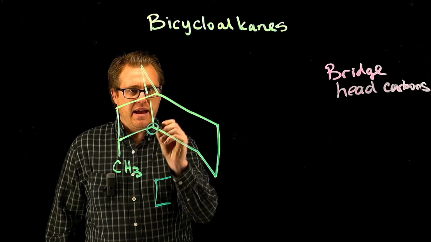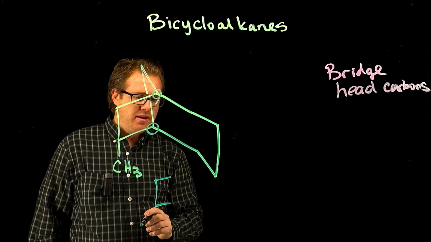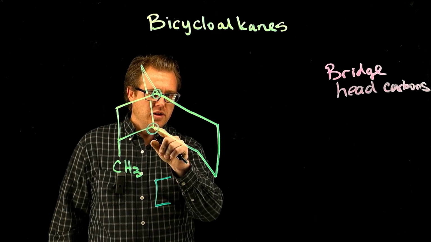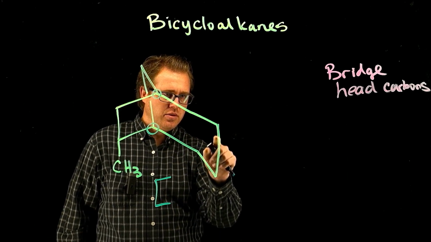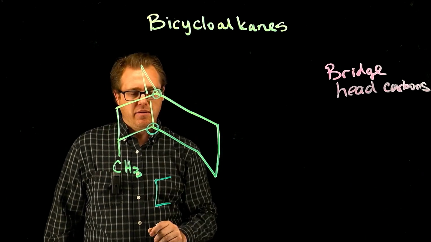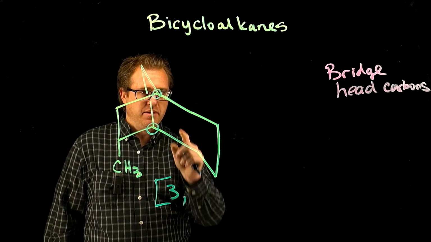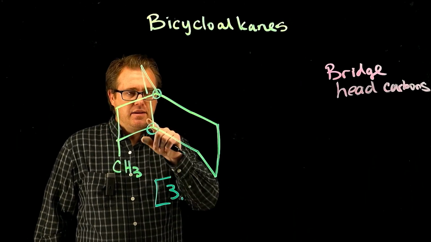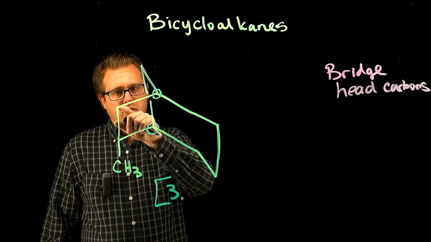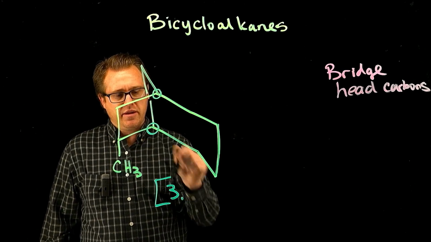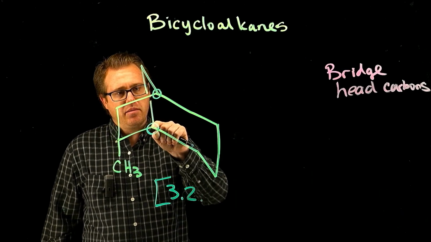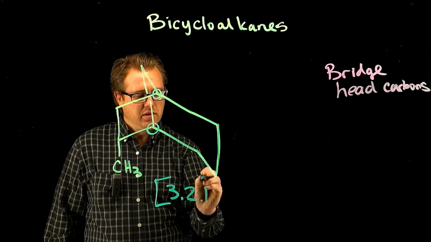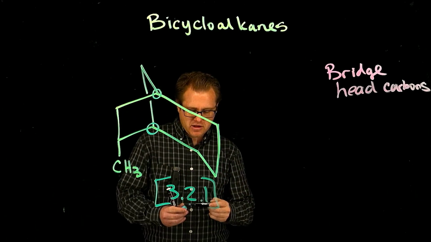We identify that and that as our bridgehead carbons. So let's look at the path. There's 1, 2, 3. We get back there. So there's 3 carbons in between. And it's not commas, it's periods. Then we can go 1, 2, right there. So that's a 2, and then 1. Okay, so there's our paths.